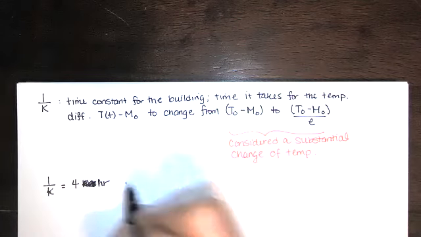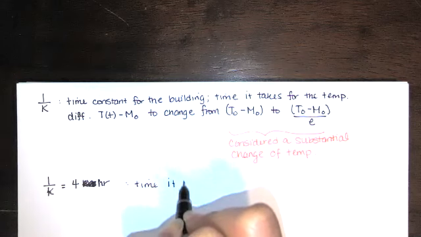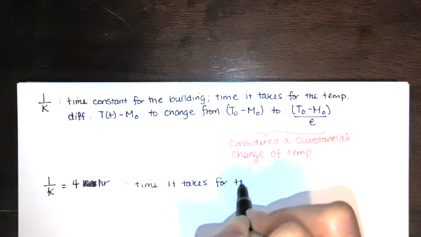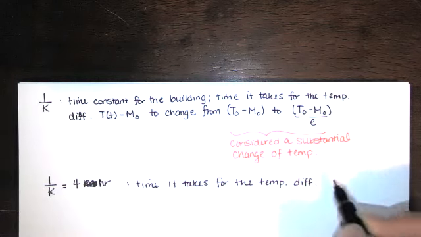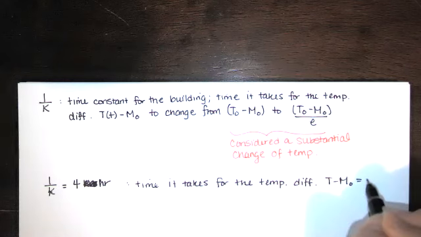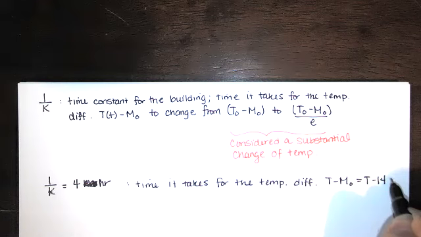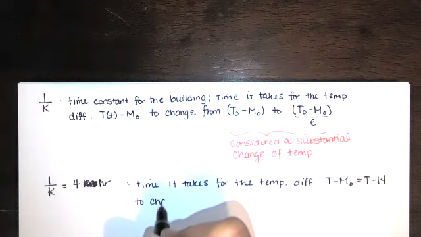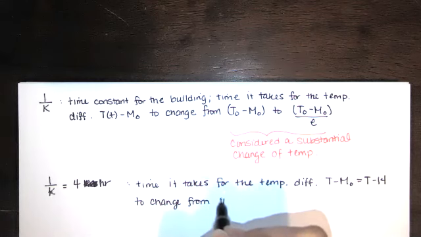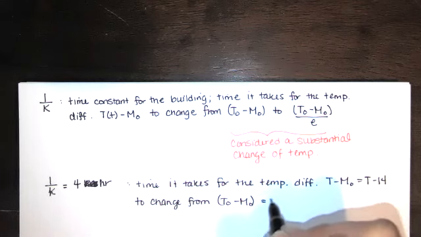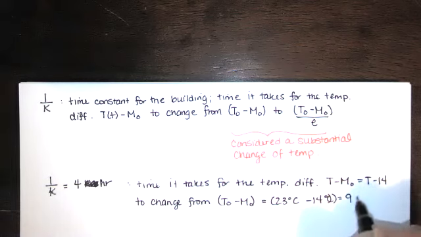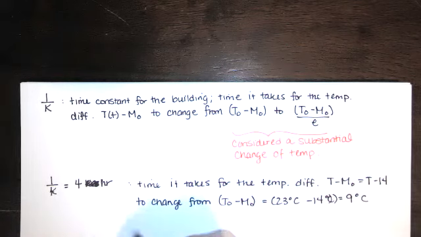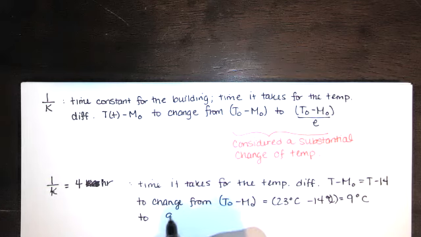And that is the time it takes for the temperature difference, T minus M naught, which in this case is T minus 14 degrees Celsius, to change from the initial temperature difference, which was 23 degrees Celsius minus 14 degrees Celsius, which is 9 degrees Celsius, to 9 degrees Celsius divided by E, where E is approximately 2.7.